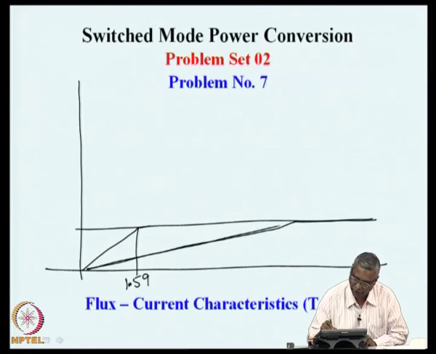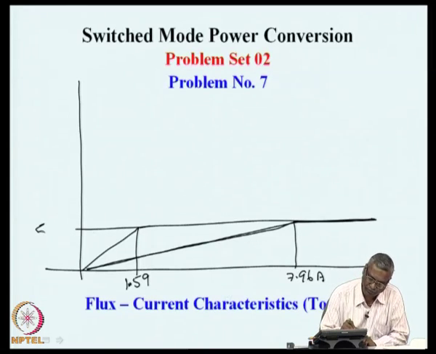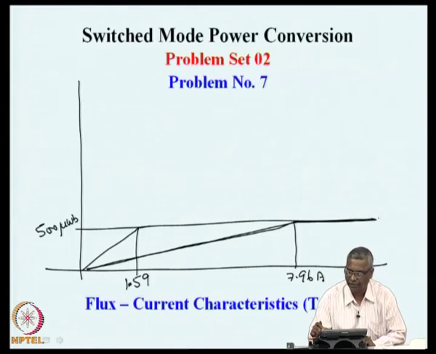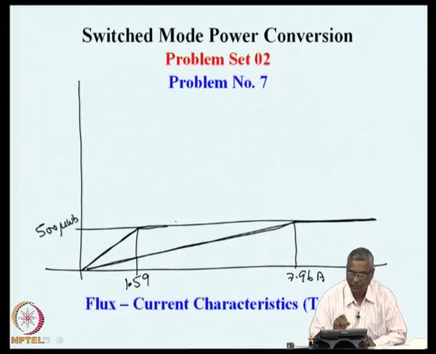So, this is the second core's characteristics, which reaches a maximum of 500 microweber at a current of 7.96, and the smaller one reaches a maximum of the same 500 microweber at 1.59.